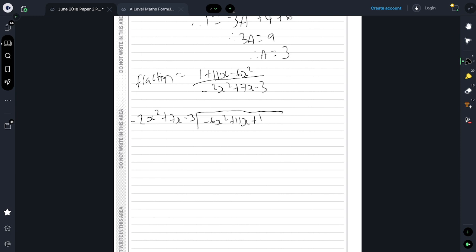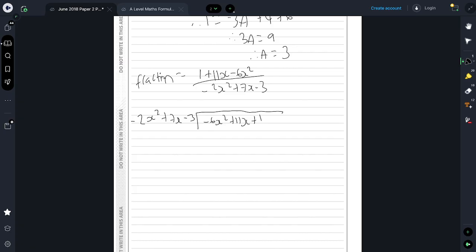So with algebraic division, you need to times by a number that gets you from minus 2 to minus 6.